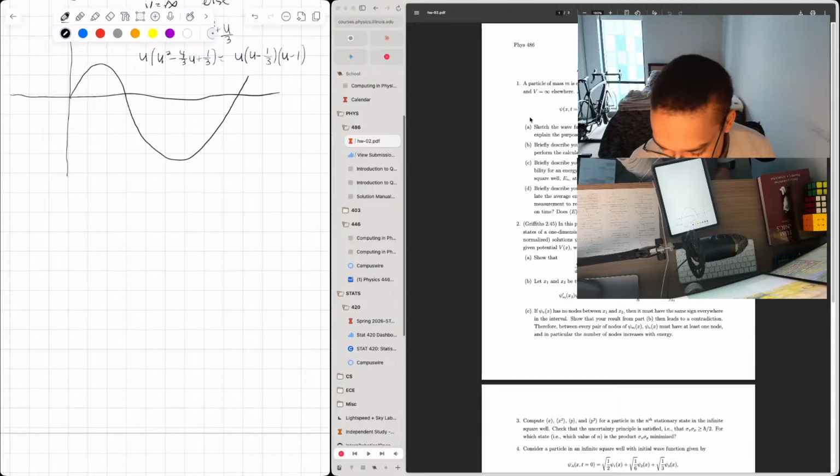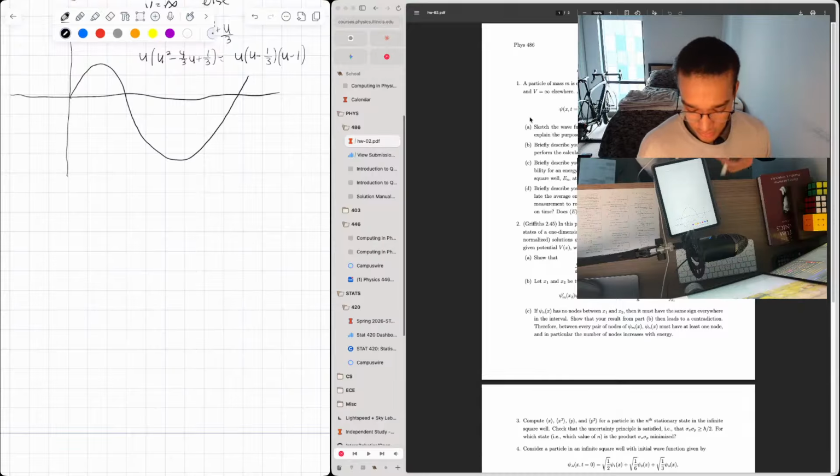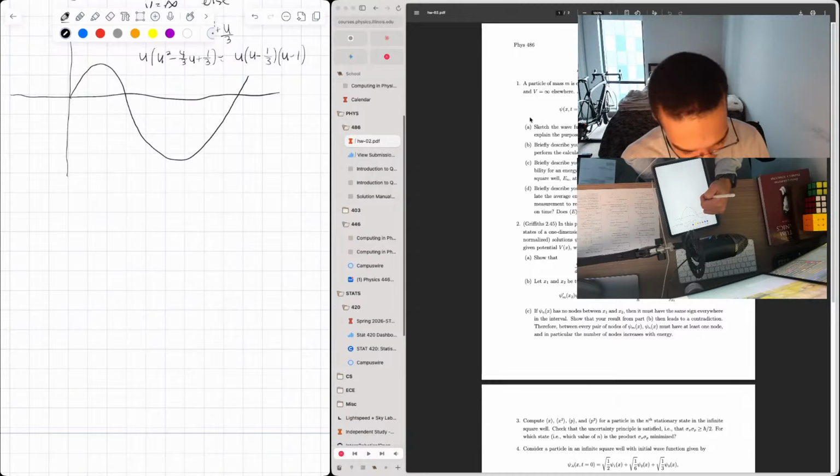So my strategy for obtaining the wave function with time, the time-dependent wave function, I would do this.